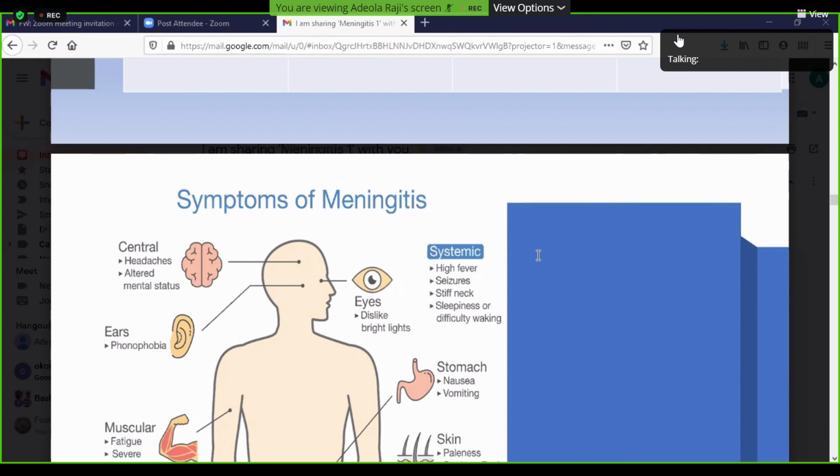If you are practicing in a region where both Neisseria meningitidis and Rocky Mountain spotted fever are endemic, you cannot differentiate clinically by just looking at the rash because they look the same.